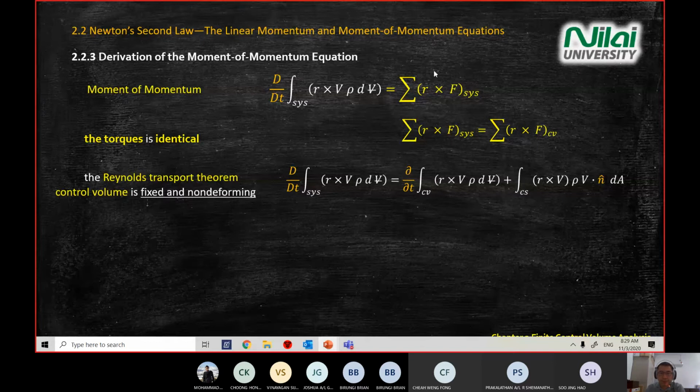So just now we saw these equations. We studied the moment of momentum equation, and then we looked at a particular condition where our system coincides with our control volume, then we can equate these two. And then we looked at the Reynolds transport theorem just now for fixed and non-deforming conditions, then we can write this equation out.